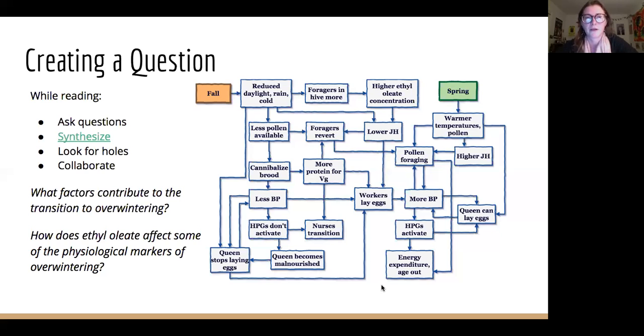For example, if I find that ethyl oleate is really effective in increasing longevity and creating these physiological markers as seen in winter bees, maybe I could design an experiment to see in what dose we administer it to colonies to get an effect, and how those colonies are impacted, or whether they have greater overwinter survivalship. How long do we administer ethyl oleate for? How far before the first frost do we need to do it to create actual applications from the science?